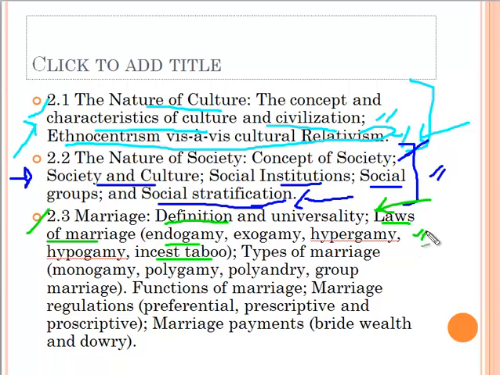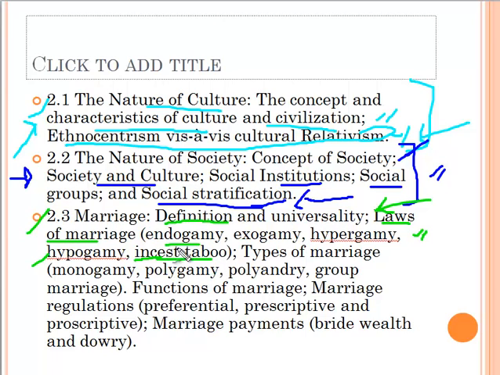In hypergamy, you marry into the upper caste; in hypogamy, you marry into the lower caste. Then incest taboo. Incest basically means a sexual relationship between close relatives, like mother and son, or daughter and father, or marriage between siblings.